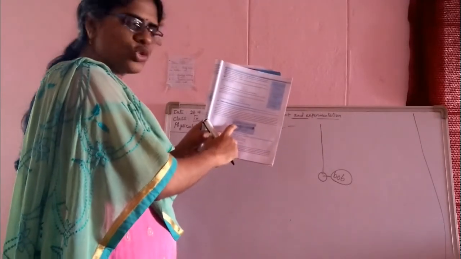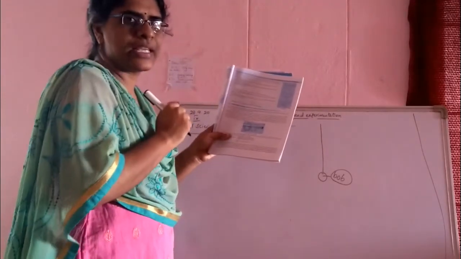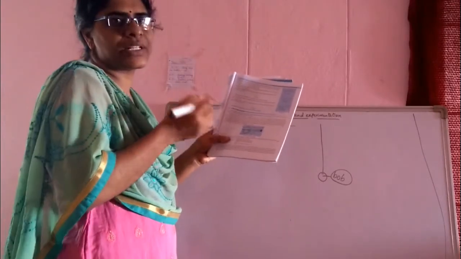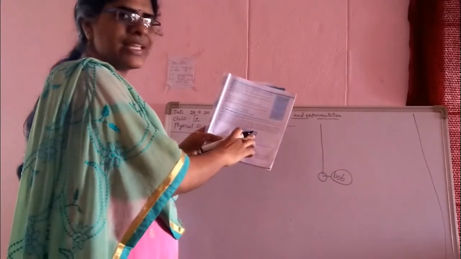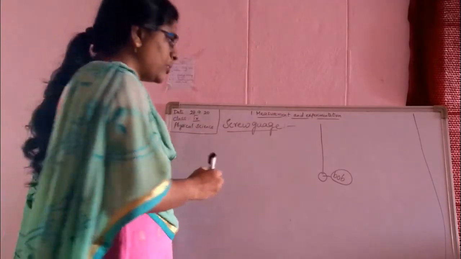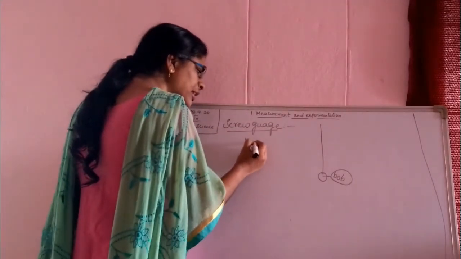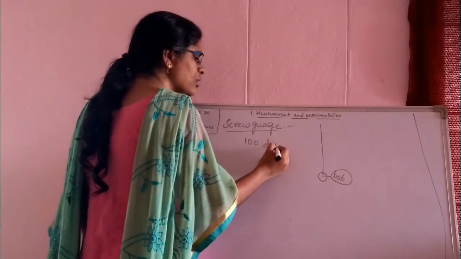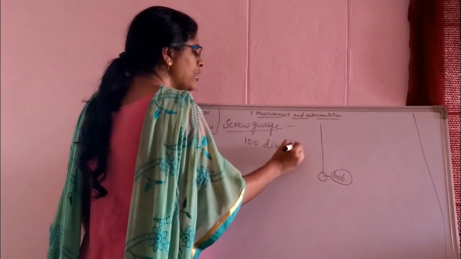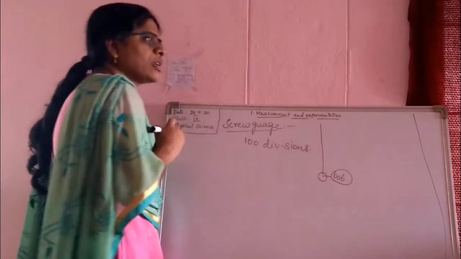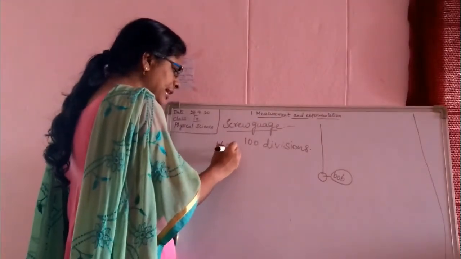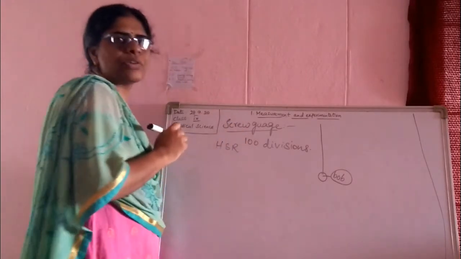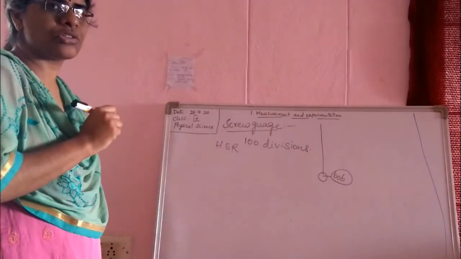In between the two studs you can place the object whose diameter you want to find out. Now here on the head scale you will be having 100 divisions. We call it head scale reading, or in some books it will be main scale reading also.